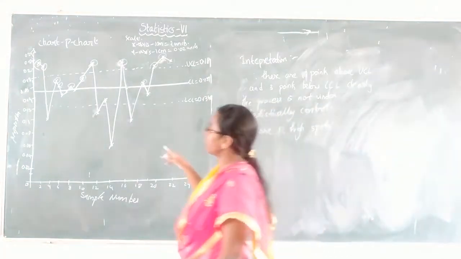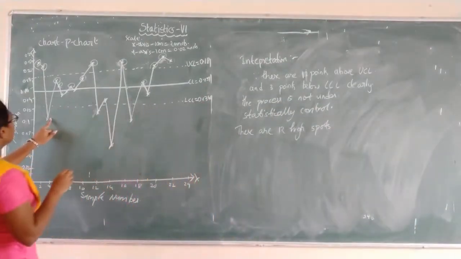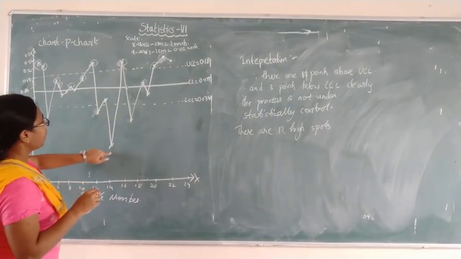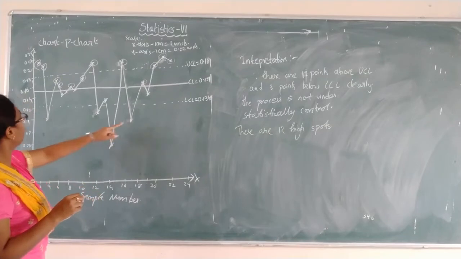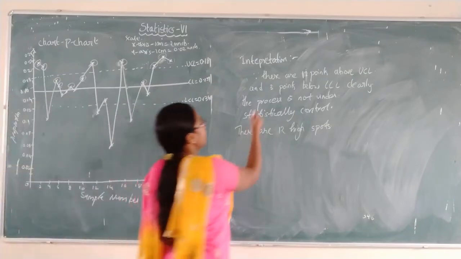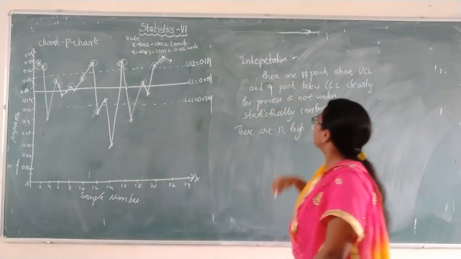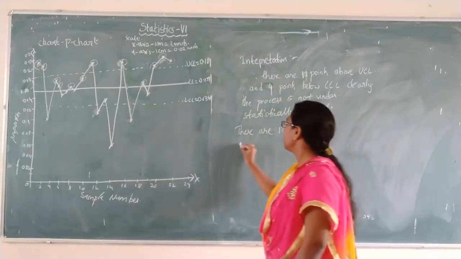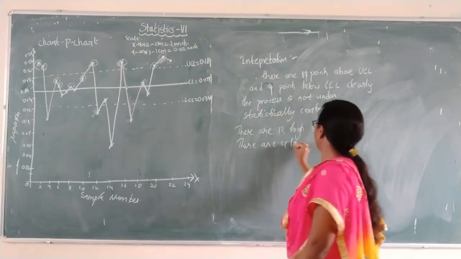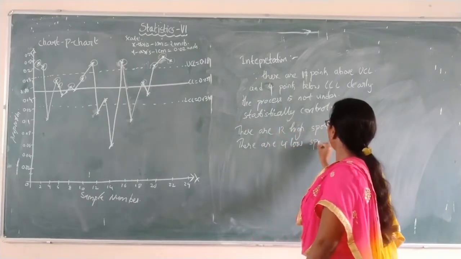Now see the LCL. 1, 2, 3, 4. Only 4 points. Yes, 4 points are below LCL. That is, there are a total of 4 low spots.